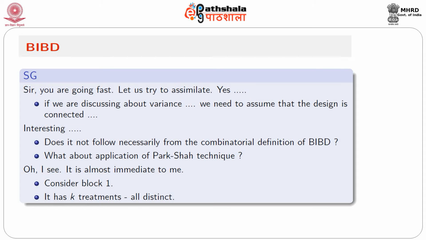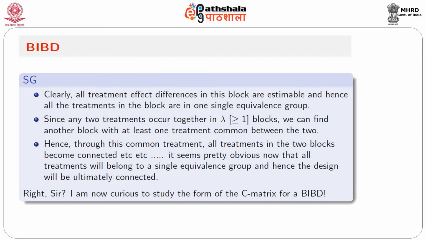Oh, I see, it is almost immediate to me. Consider block 1. It has k treatments which are all distinct. Clearly, all treatment effect differences in this block are estimable, and hence all the treatments in the block are in one single equivalence group. Since any two treatments occur together in lambda, which is greater than or equal to 1, blocks, we can find another block with at least one treatment common between the two.